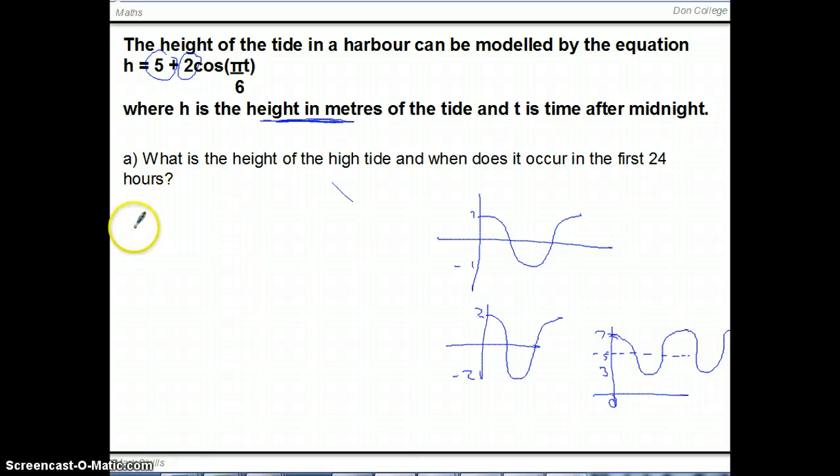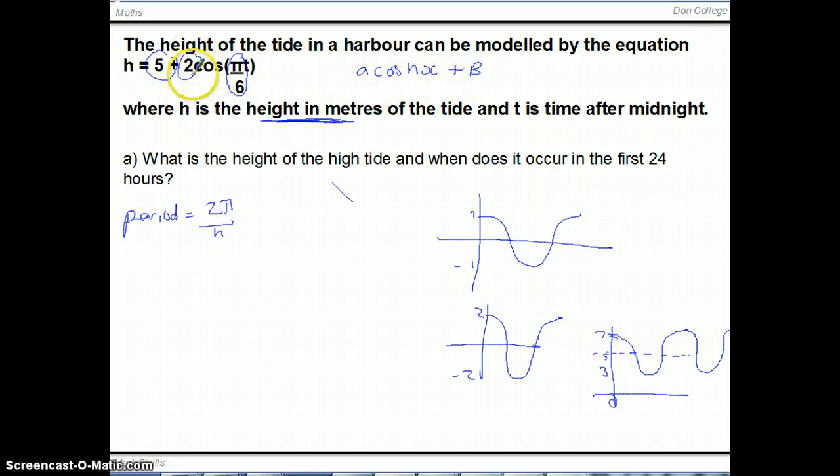Now, to work out the period, remember that equals 2 pi over n, and n here is this value, pi on 6. So if you think about this in general terms, our function can be described as a cos(nx) plus b.